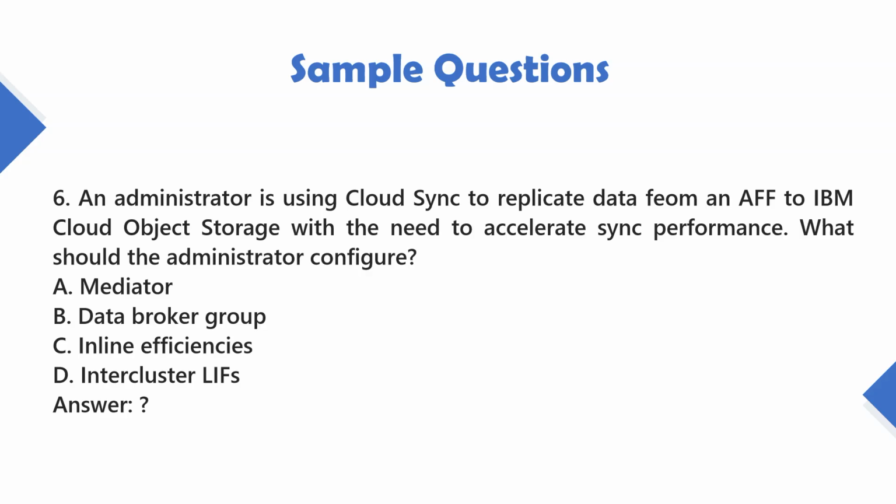An administrator is using Cloud Sync to replicate data from AFF to IBM Cloud Object Storage with the need to accelerate sync performance. What should the administrator configure? A. Mediator. B. Data Broker Group. C. Inline Efficiencies. D. Intercluster LIFs.